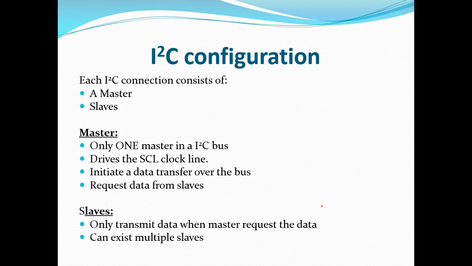Okay, next. This is the configuration. Each I2C connection must consist of a master and a slave. The master is like the boss, and the slave is the servant. There is only one master in I2C. In one ship, you cannot have two captains. So you must have only one master on the I2C bus, and it drives the serial clock line.